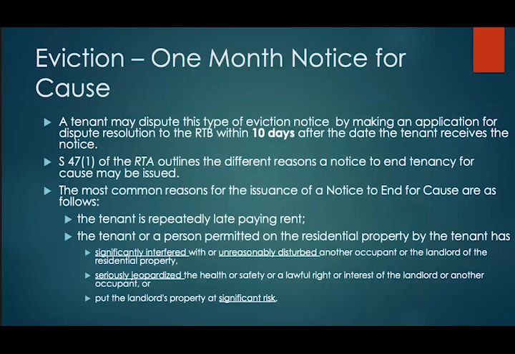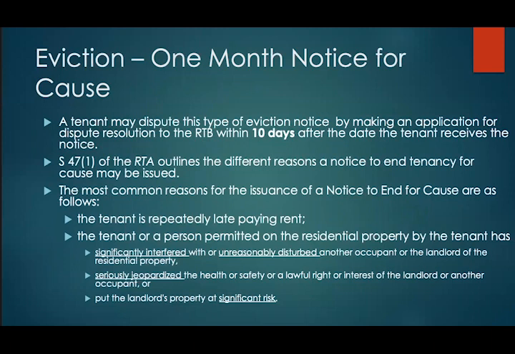Then we have the 1 month notice for cause. This is a very common type of eviction notice. So this one is a 1 month notice. With this notice, a tenant has 10 days after the date the tenant receives the notice. And depending on how the tenant receives the notice, when that 10 days expires may be different. If the tenant received the notice in person, it's deemed to be received that same day.